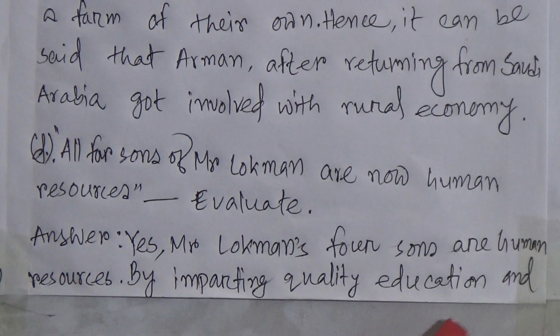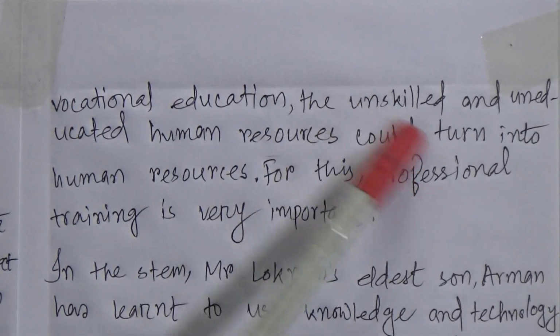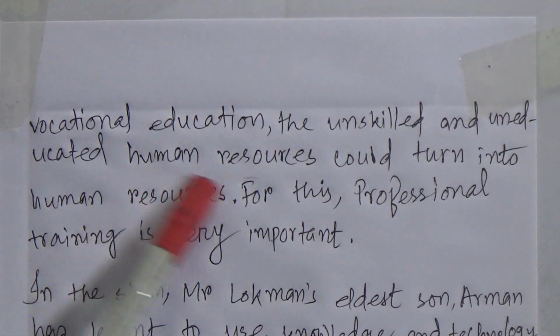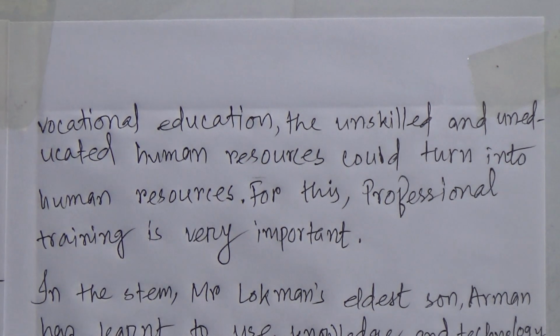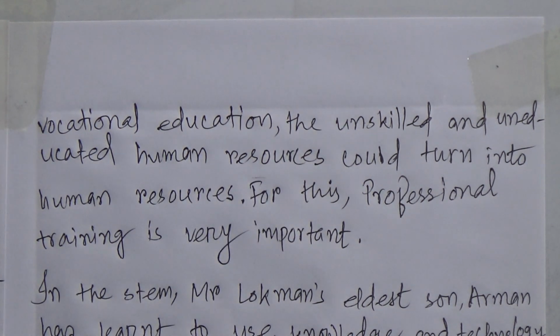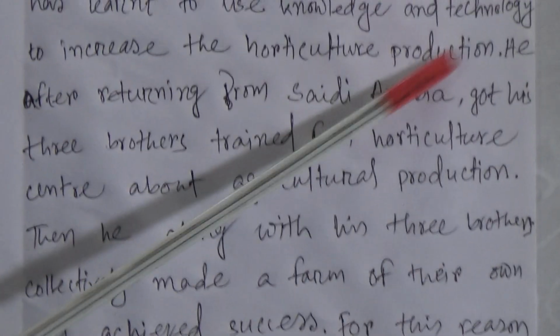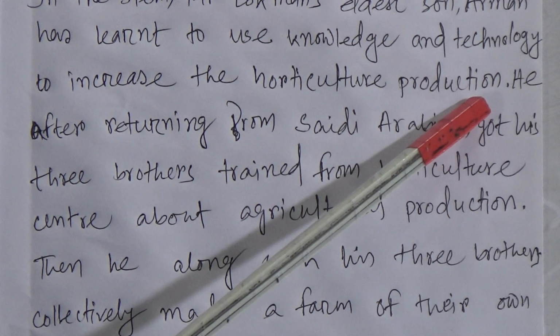By imparting quality education and vocational education, the unskilled and unemployed people could turn into human resources. Okay. For this, professional training is very important. In this STEM, Mr. Lokman's eldest son Arman has learned to use knowledge and technology in horticulture production.